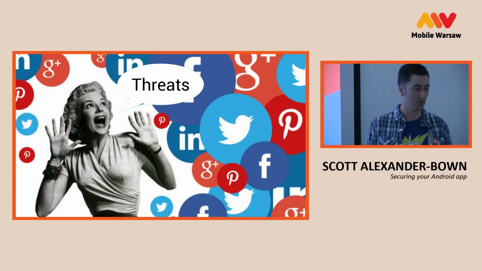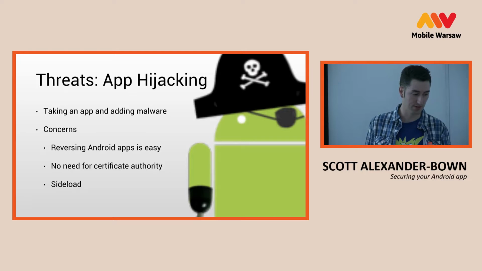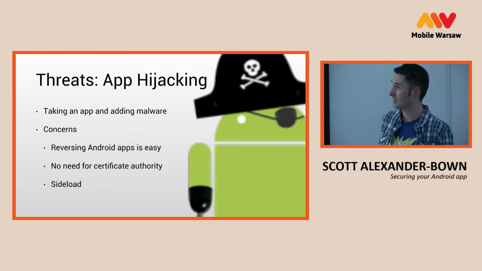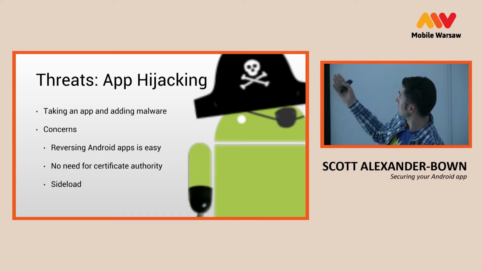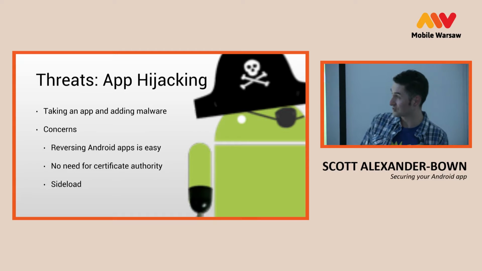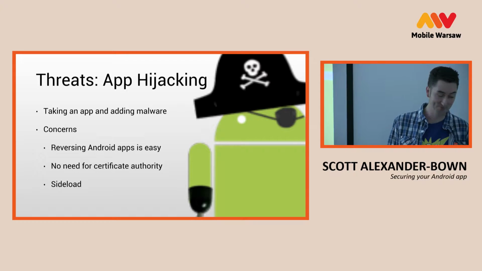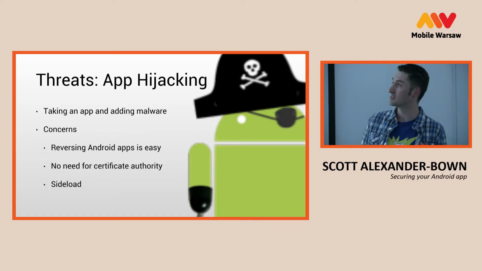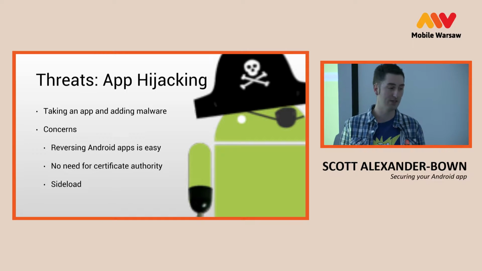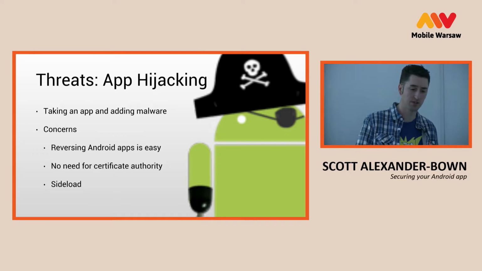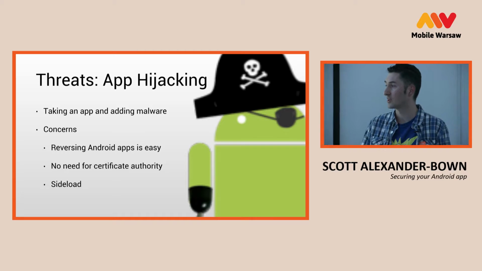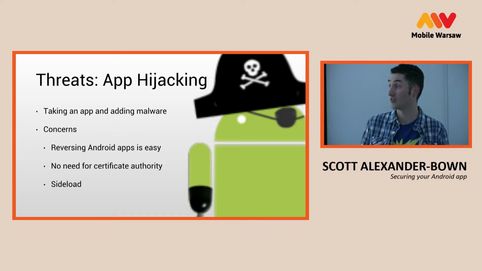But the one I wanted to draw your attention to specifically tonight is app hijacking. Sorry about that. It's an issue you don't really get on iOS, because sideloading apps is a lot more difficult.